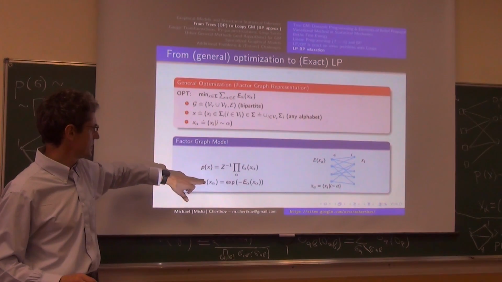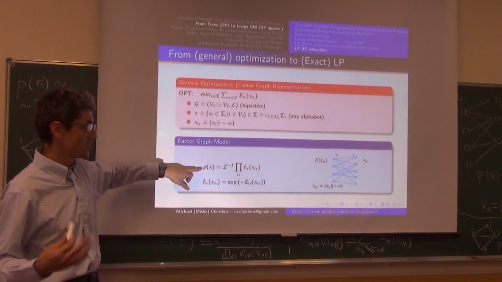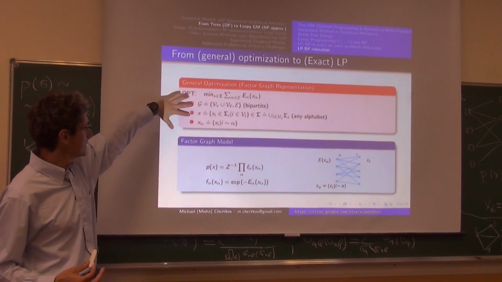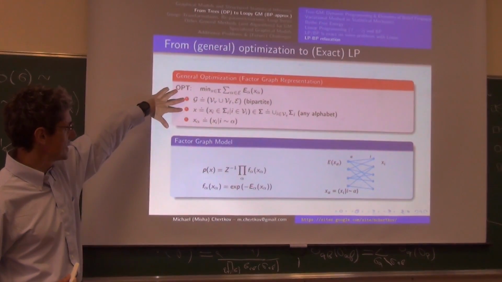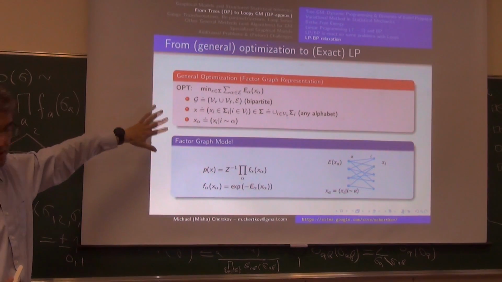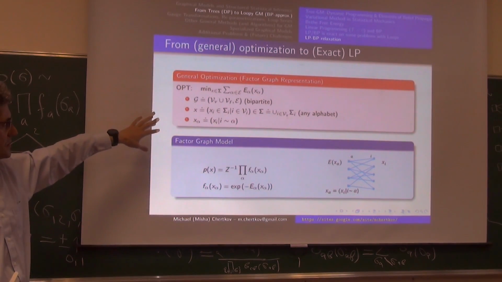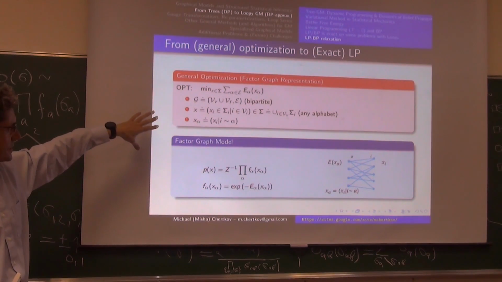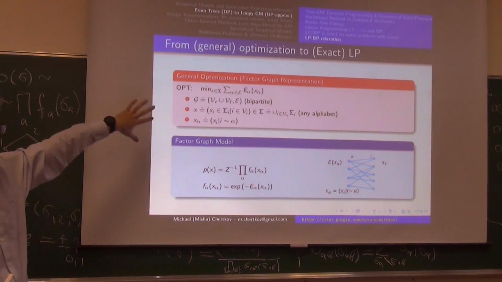So maximization, maximum likelihood, most probable state corresponds to minimization of energy. And that's exact.